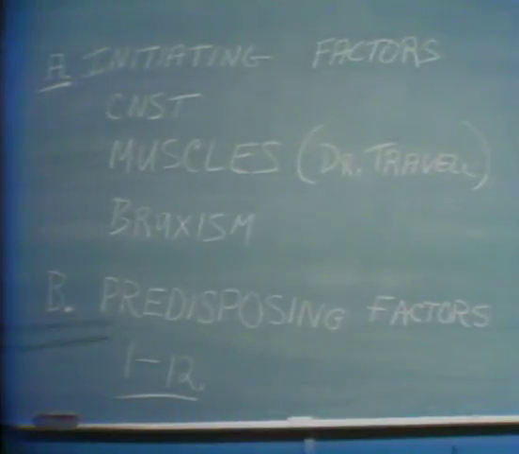Now, there are other factors which would predispose to this. This would be listed under B, and according to the book, there are specifically 12 different factors which we'll now discuss briefly and individually.